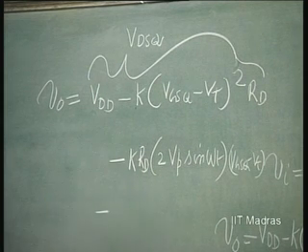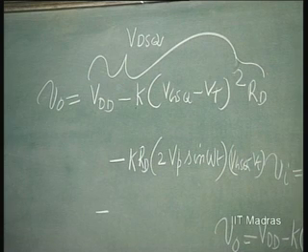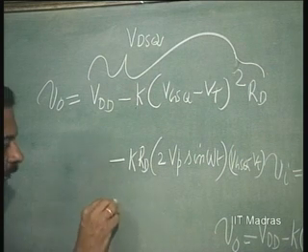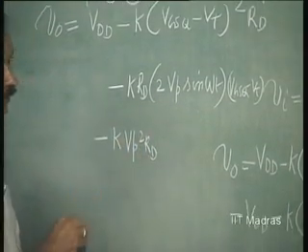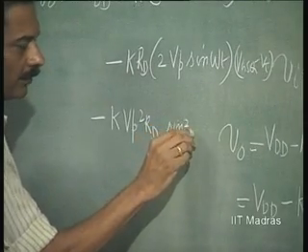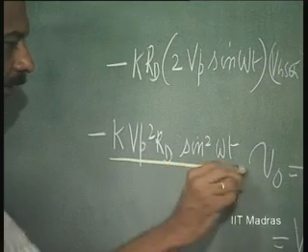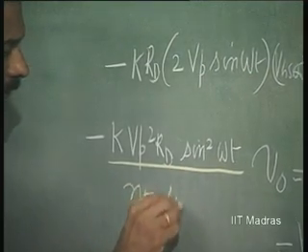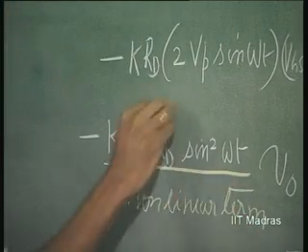Minus the unwanted component. This is what is causing distortion. This is called the nonlinear term in our FET amplifier. So, we have this as K times Vp squared into Rd, sin squared omega t. So, this is the nonlinear term. This is the linear term.